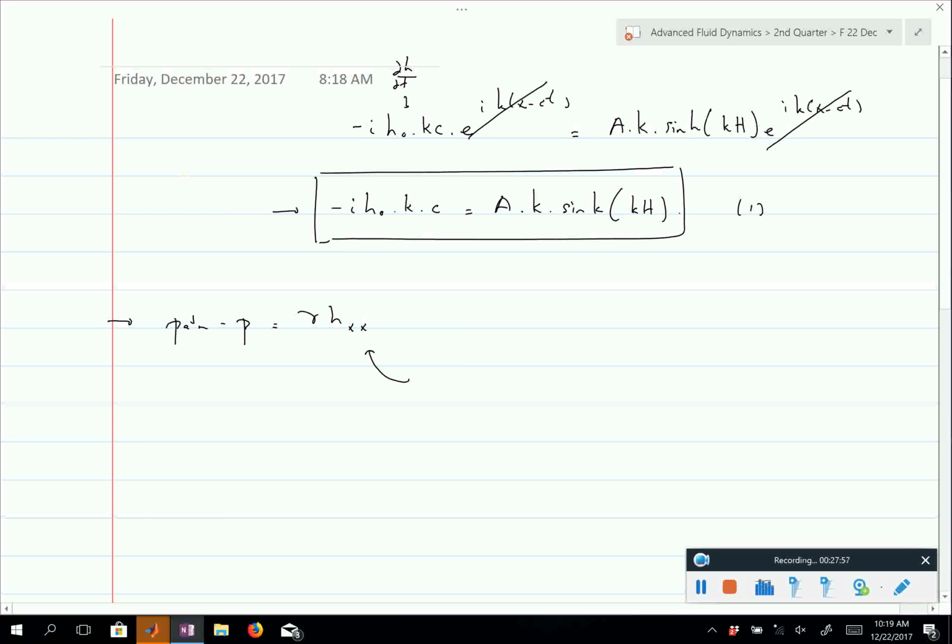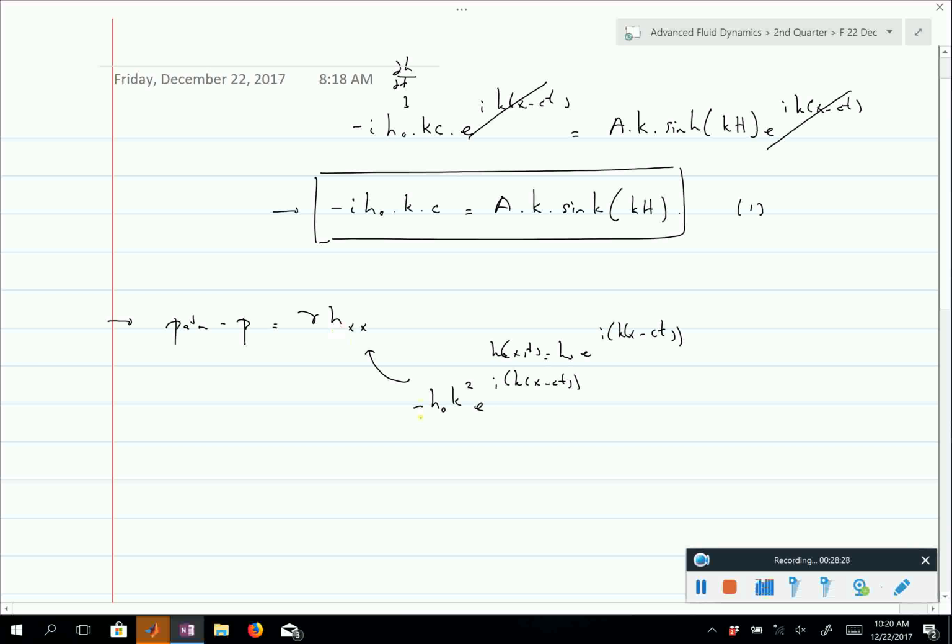This one I marked down. h_xx is going to give you, so remember that h is h naught exponential i(kx minus ct). So it's going to be an ik squared, so it's going to be a minus h naught k squared, right? Exponential i(kx minus ct).